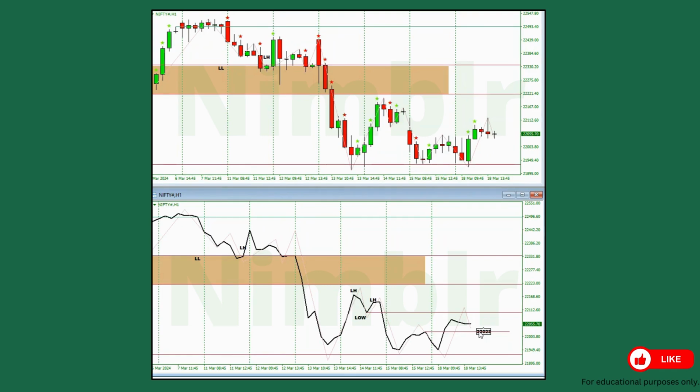This level, 22,023, if there is no closing below 22,023 on 1 hour, that is at 9:15, 10:15, 11:15, 12:15, if price remains above here, then if it moves above this level, there would be some rise up till 22,223, that is this level.